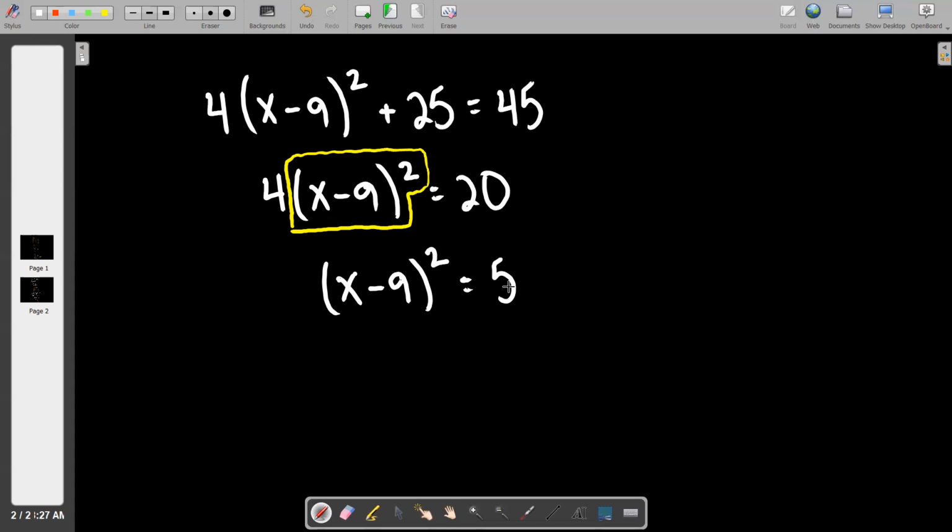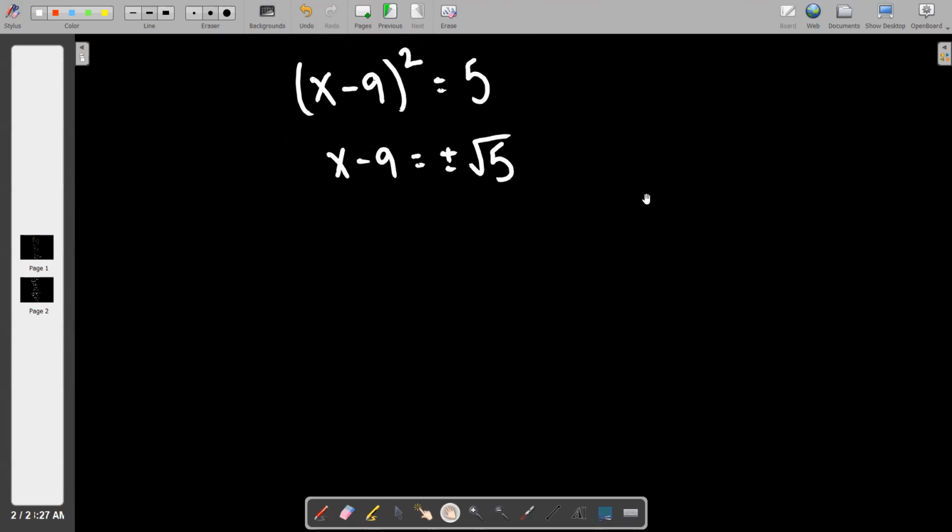Now what? Those 4 sweet words. Square root both sides, square root both sides. Beautiful. And so we're left with x minus 9 equals what? Right. Root 5 is a dead root, but we're not done.